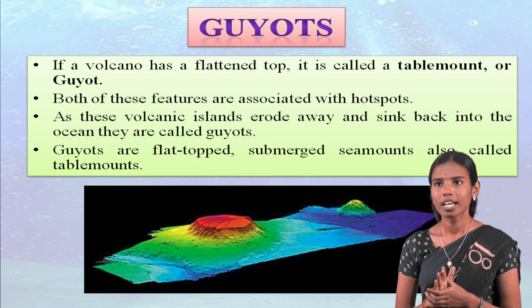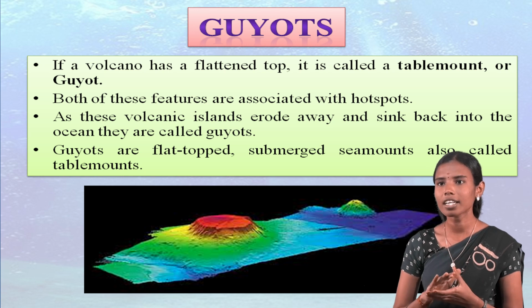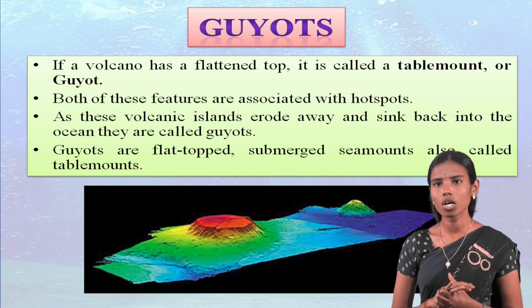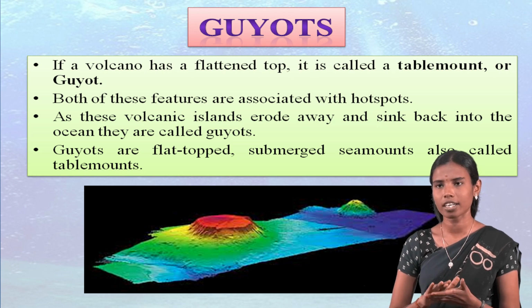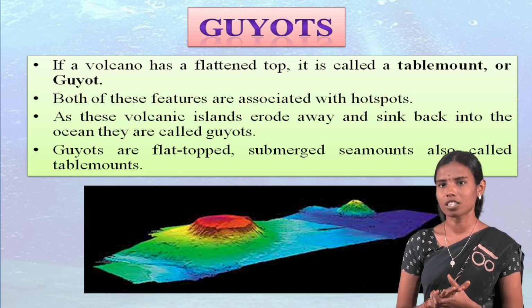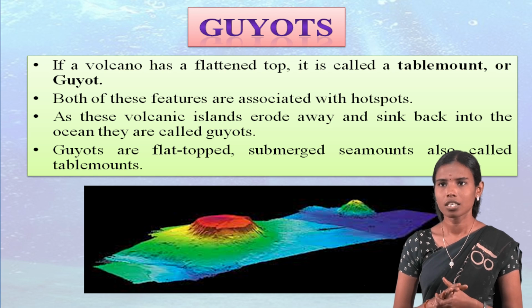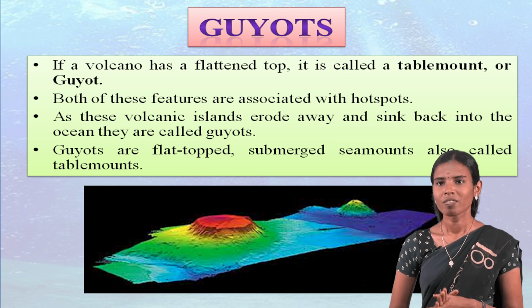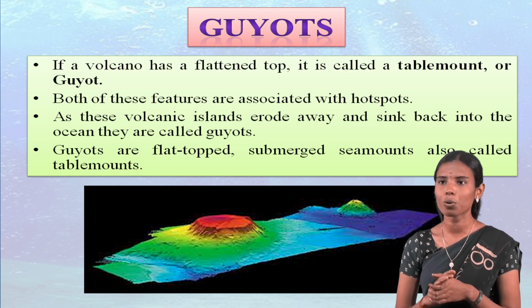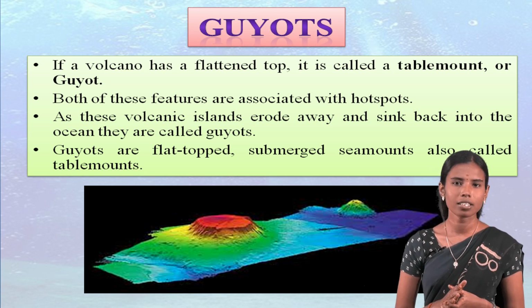And next one is the Guyots. Guyot is a volcanic flat-topped mountain. It is also called a table mount. If the seamount has a flat top, it is called a Guyot. Both of these features, seamounts and Guyots, are associated with the hotspots, as these volcanic islands erode away and sink back into the ocean.